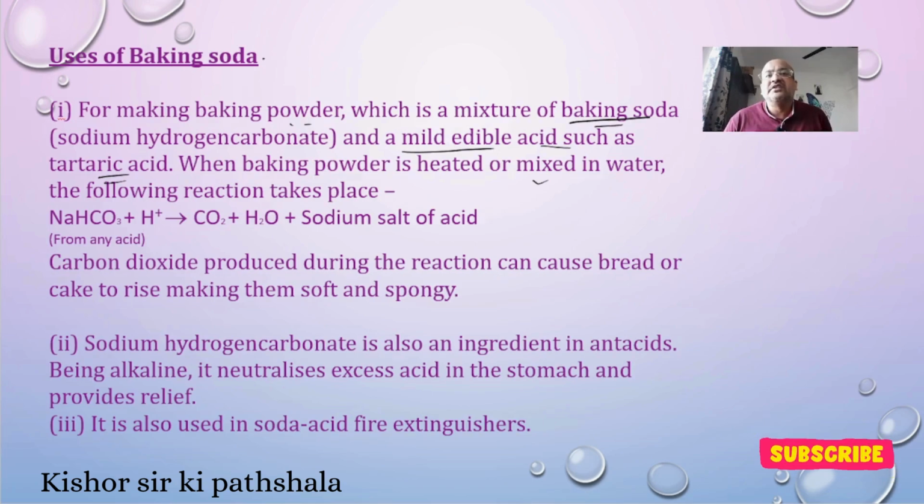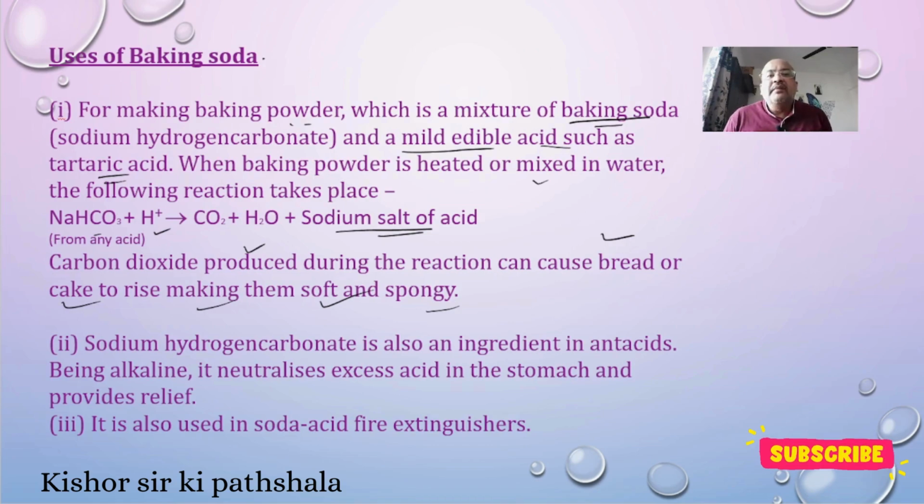You have sodium hydrogen carbonate and the proton from the acid, that is tartaric acid. So you get carbon dioxide, water, and the sodium salt of that particular acid. The carbon dioxide produced in this reaction causes the bread or the cake to rise, and a soft and spongy cake or bread is produced.